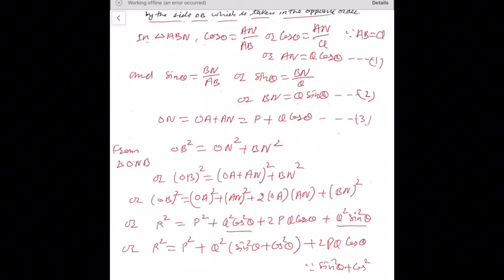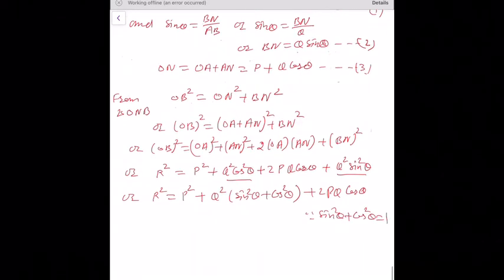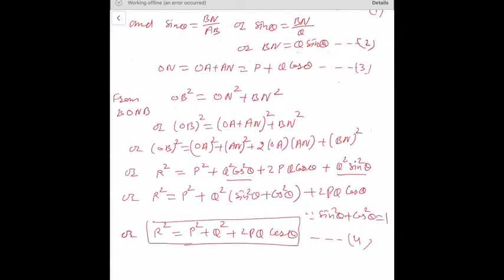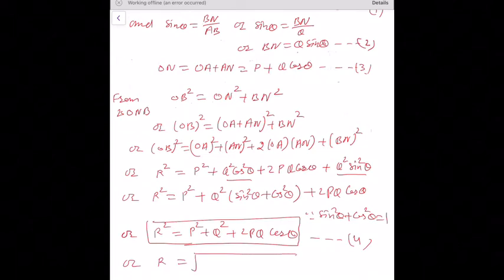Since sin square theta plus cos square theta equal to 1, so we can write R square equal to P square plus Q square plus 2PQ cos theta. It is equation 4. It is the resultant of P vector and Q vector, or we can write R equal to under root P square plus Q square plus 2PQ cos theta. It is equation 5.